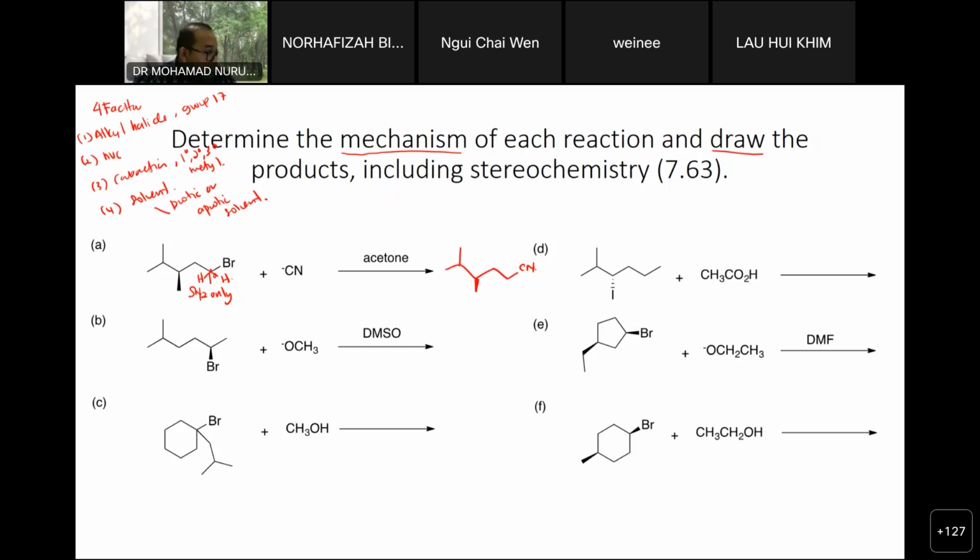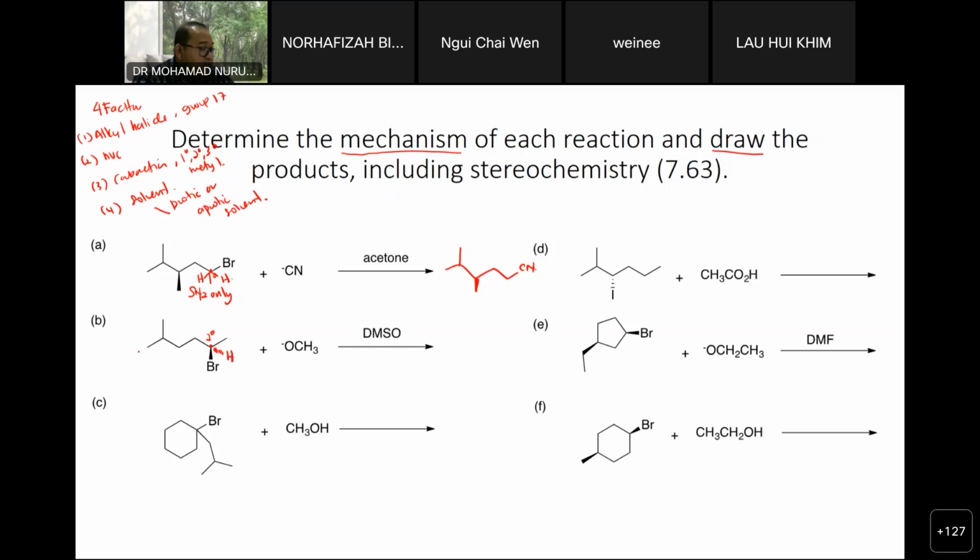For the next question, we will have this. We know that this one is the secondary alkyl halide, so this has different substituents. As I said, this one is the chiral center, so you have to draw the other position here.